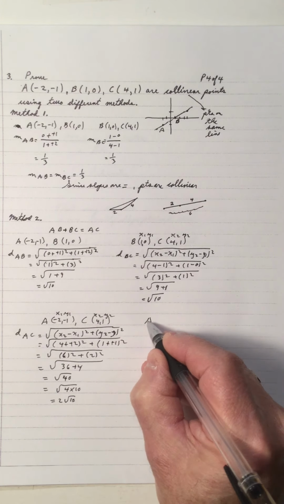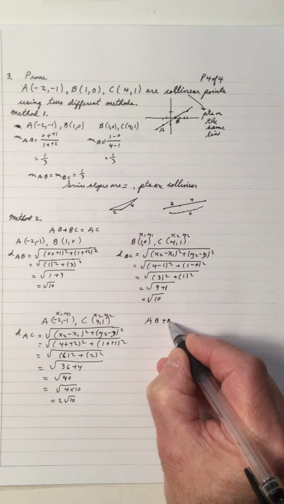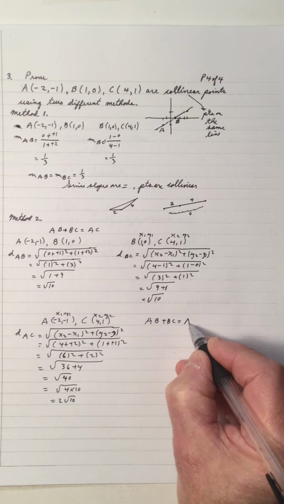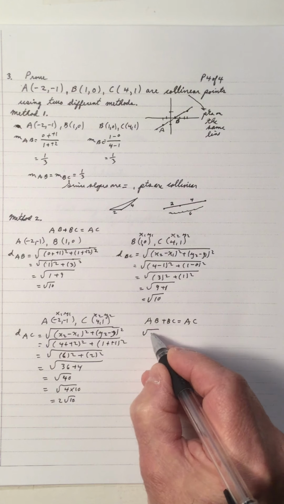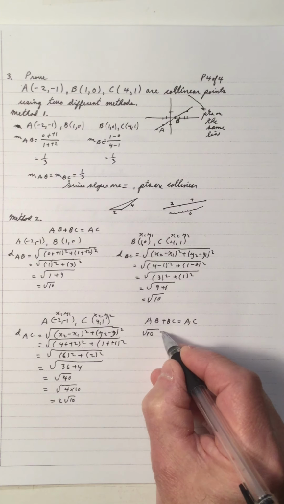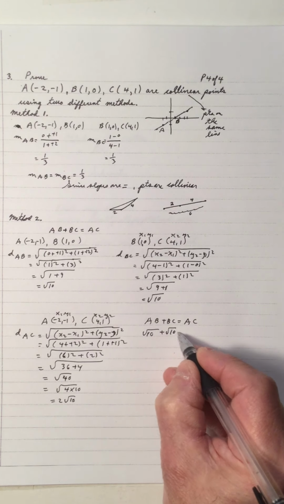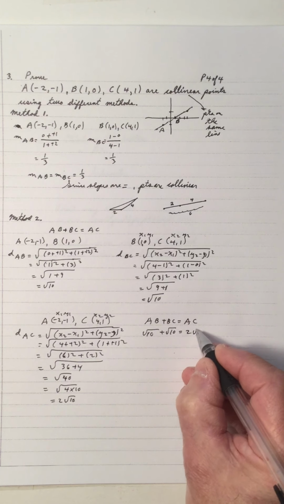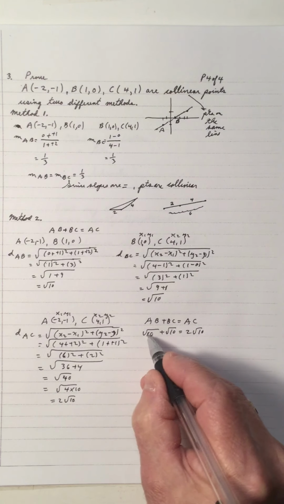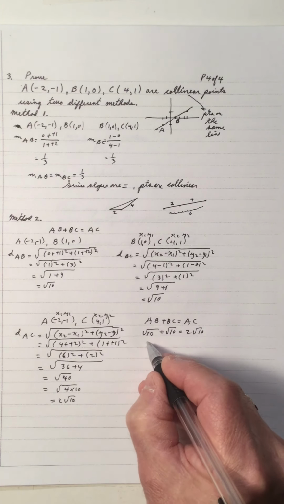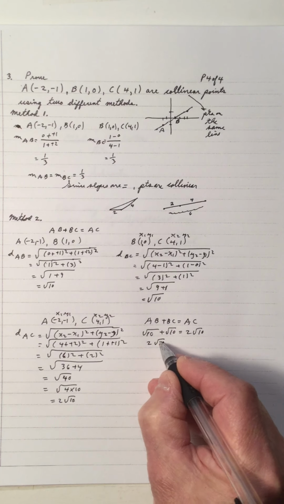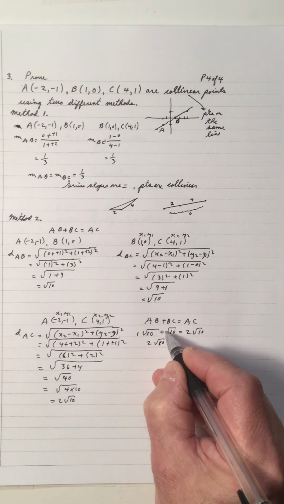So AB plus BC equals AC. AB is root 10. BC is root 10. AC is 2 root 10. We add radicals. We got a 1 and a 1, that's a 2 root 10. Because there's a 1 here and a 1 here.